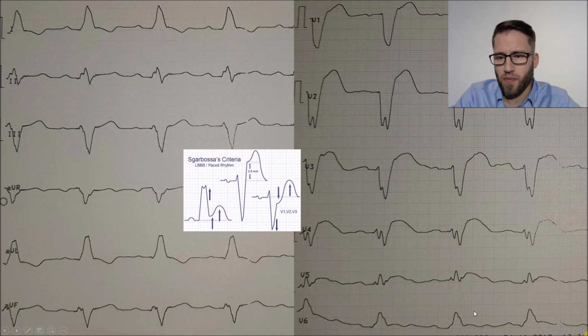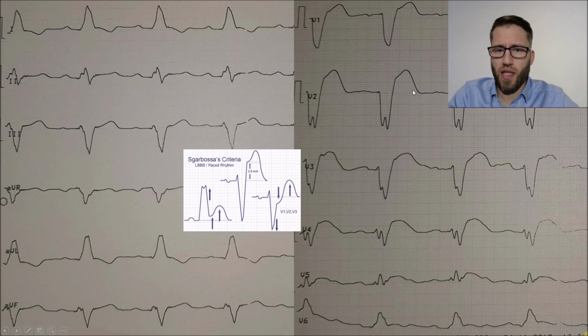And in V6, we have an ST elevation of 0.1 millivolts, 1 millimeter ST elevation in V6. So it's very subtle and on the edge of being positive, but I think we can call it a positive Sgarbossa criteria in V6. But one positive criteria already is enough due to the modified Sgarbossa criteria to call this ECG pattern STEMI.